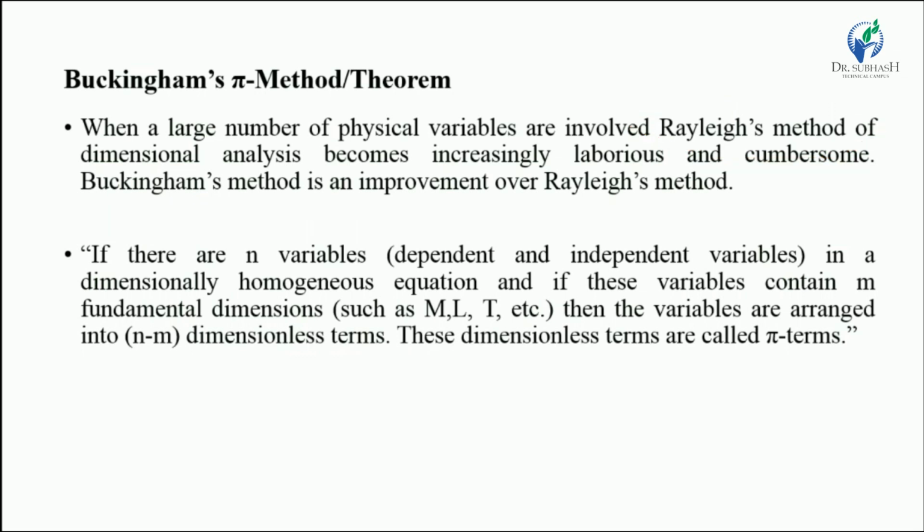Now, the statement of Buckingham's Π theorem: if there are n variables, dependent or independent, in a dimensionally homogeneous equation, and if these variables contain m fundamental dimensions, fundamental dimensions meaning M, L, T, then the variables are arranged into n minus m dimensionless terms.